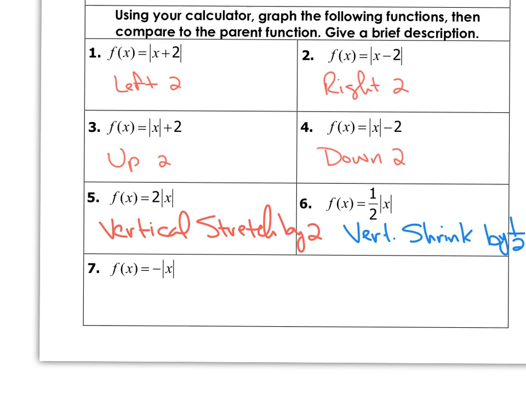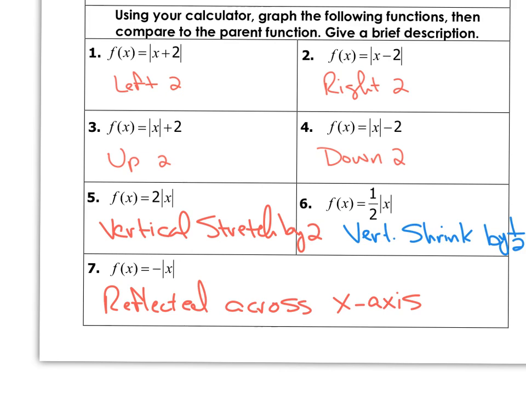The parent function looks like it got smushed, and the V is now wider. And last but not least, if you put a negative out in front, then that thing gets reflected across the x-axis.